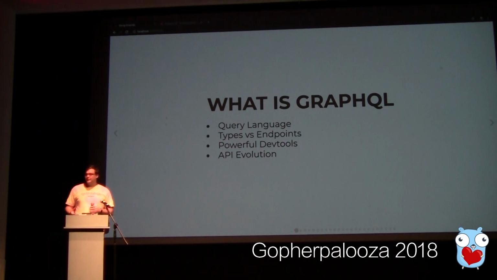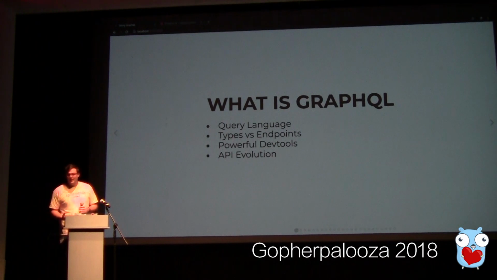We get powerful dev tools from this introspection ability on our schema. And it lets us have a bit more powerful API evolution. So if you've ever worked with gRPC and you've ever worked with protobufs, the way that a GraphQL API evolves is very much like a protobuf API. So you deprecate things over time. Maybe you have some analytics to tell you if anybody is ever using that.